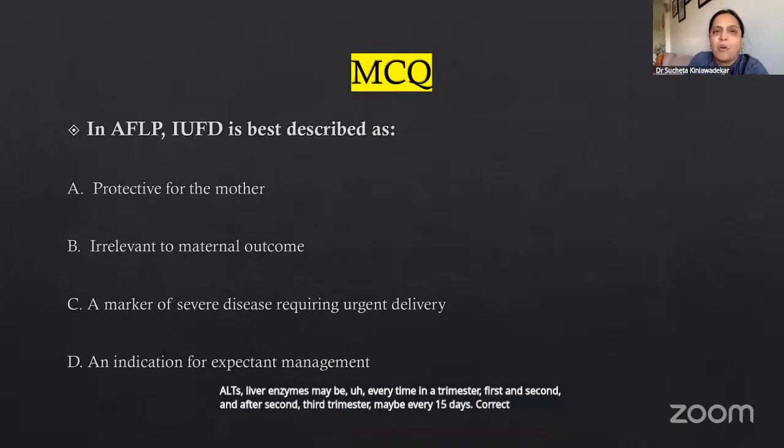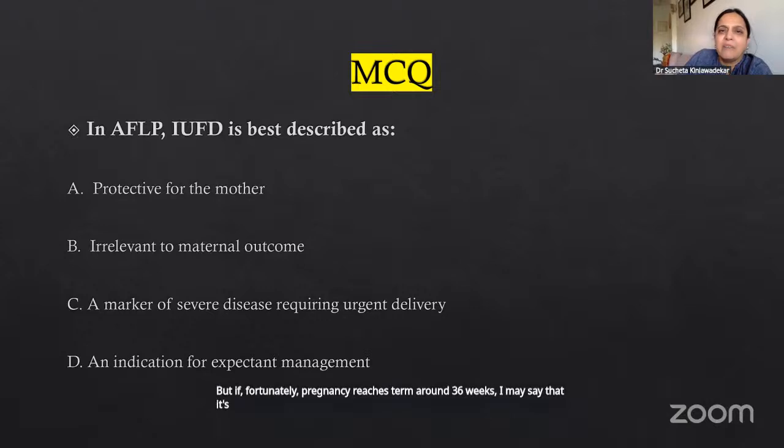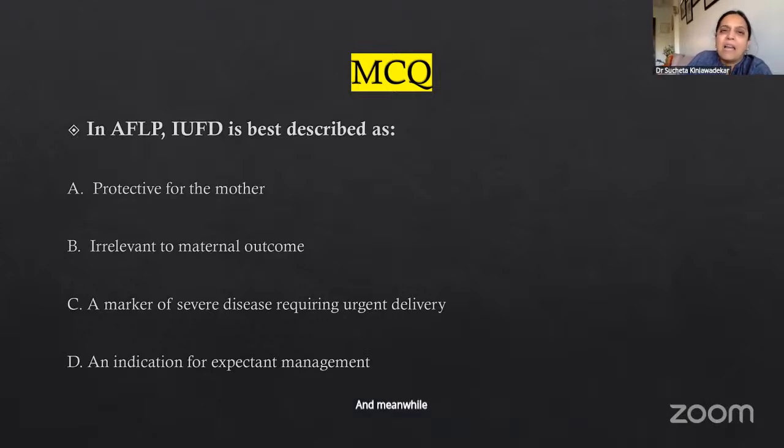Correct me if I'm wrong. Having said all this, I don't know whether you can really prevent it, but if fortunately the pregnancy reaches term around 36 weeks, I may say it's better that we deliver. Meanwhile, I'll keep in mind whether the fetus is female or male. If it's a male fetus, again, I'm highly worried that the same history may repeat.